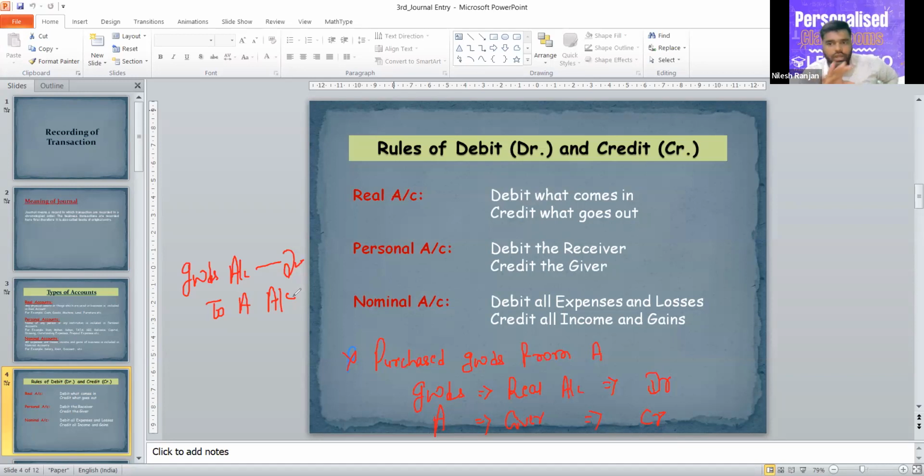Apart from these, there is no other category. So after finding the affected account, we will see the nature of the account, that is real, personal, or nominal, and we will apply these rules on every transaction, and then we will debit or credit the items.